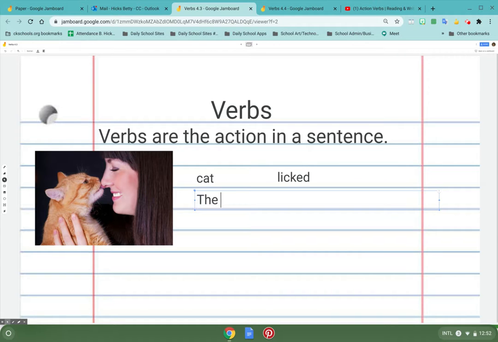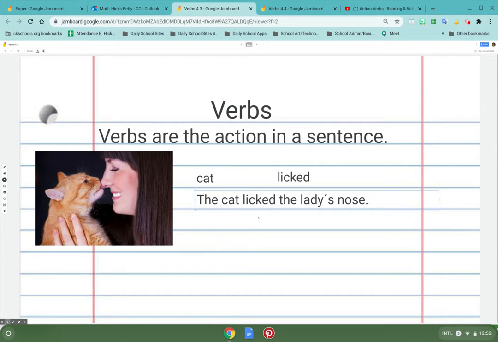And I'm going to say the cat licked the woman's nose. Let's see. The cat licked the lady's nose. Do you notice that I put an apostrophe right here? Because it's one lady and nose belongs to her.